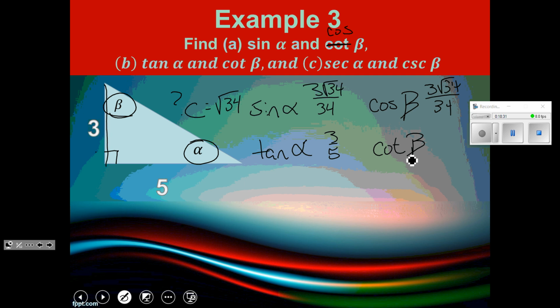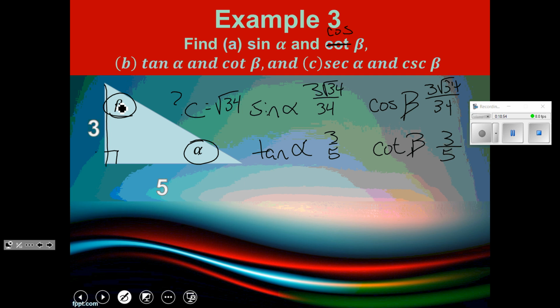Now you could find the tangent of beta. Tangent of beta is 5 over 3, so the cotangent would be 3 over 5. And so they're going to be equal. The tangent of this angle is going to be the exact same thing as the cotangent of that angle.